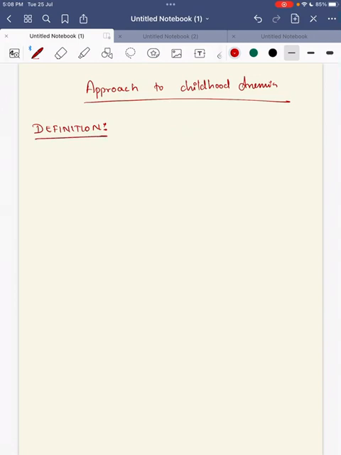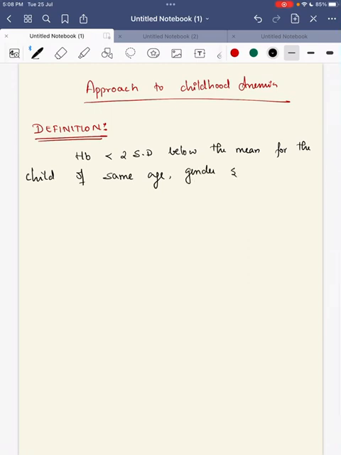So, anemia is nothing but decrease in hemoglobin content, that is decrease in the RBC level. Hemoglobin when it is less than 2 standard deviation below the mean for the child of same age, gender and altitude of her or his residence.